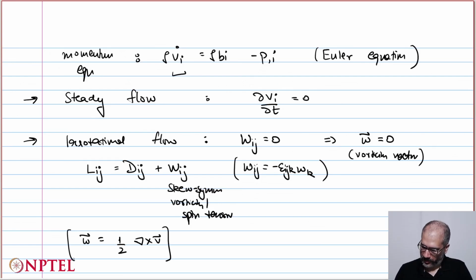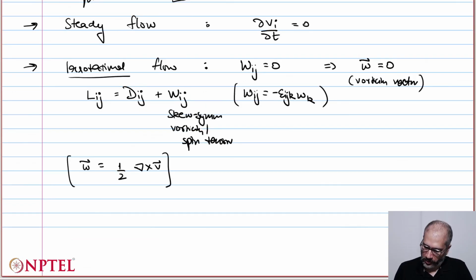So if we are saying that the flow is irrotational, which we do find in certain situations, everything boils down to the curl of velocity being identically zero everywhere. That's the same as specifying that the W tensor is zero. So now we have expressed this condition of irrotationality as a condition on the velocity.